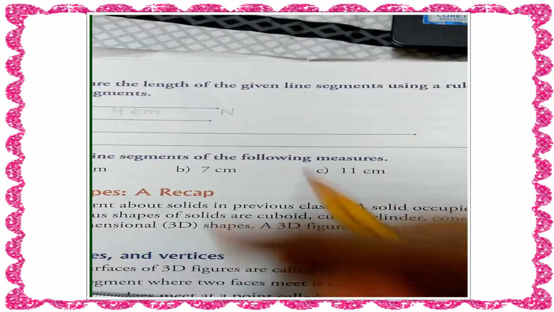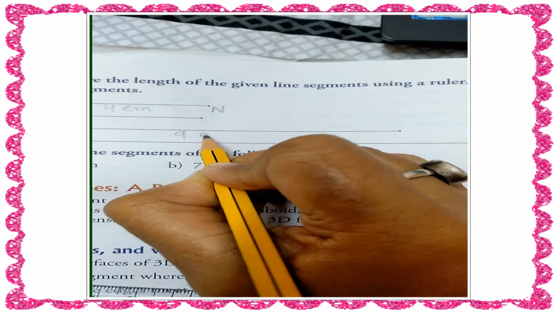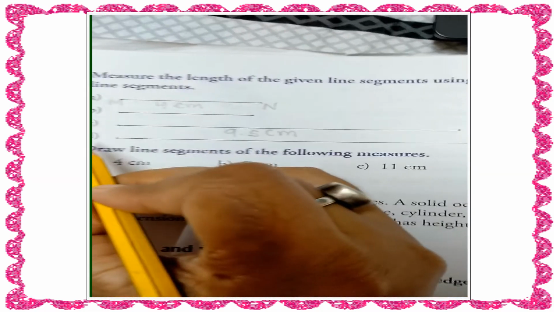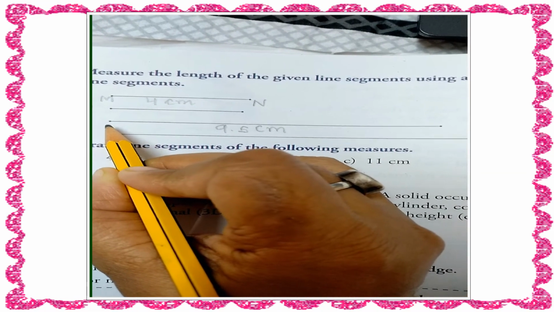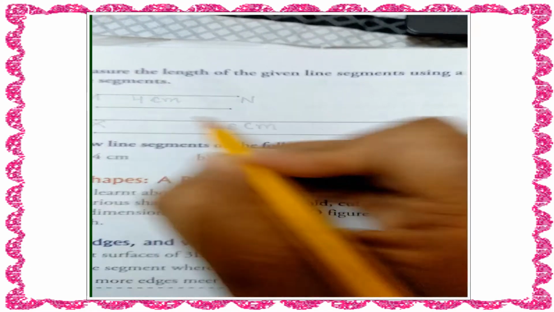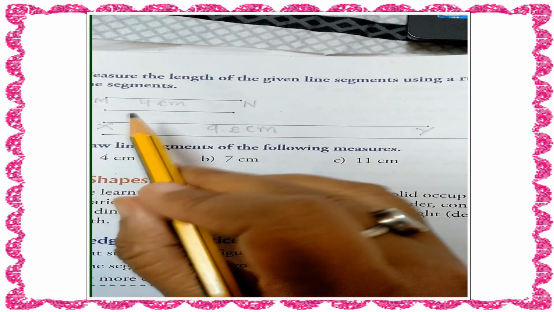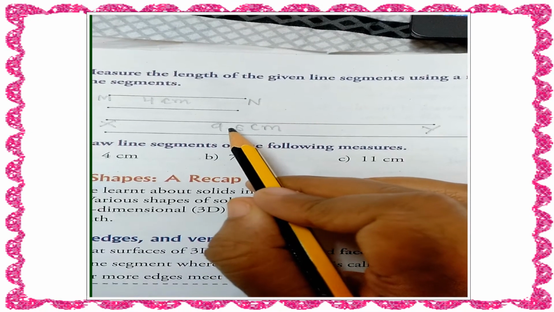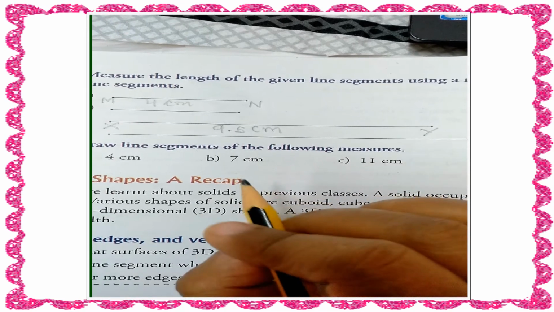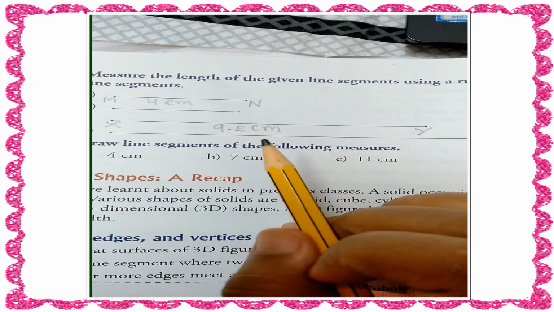So we will write 9.5 centimeter here, and we can name the line segment as X and Y. So line segment XY measures 9.5 centimeter. So this way you can measure other 2 line segments also.